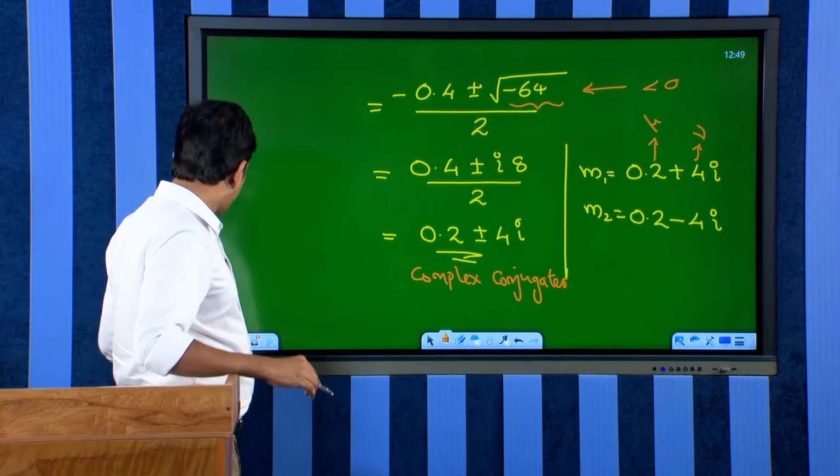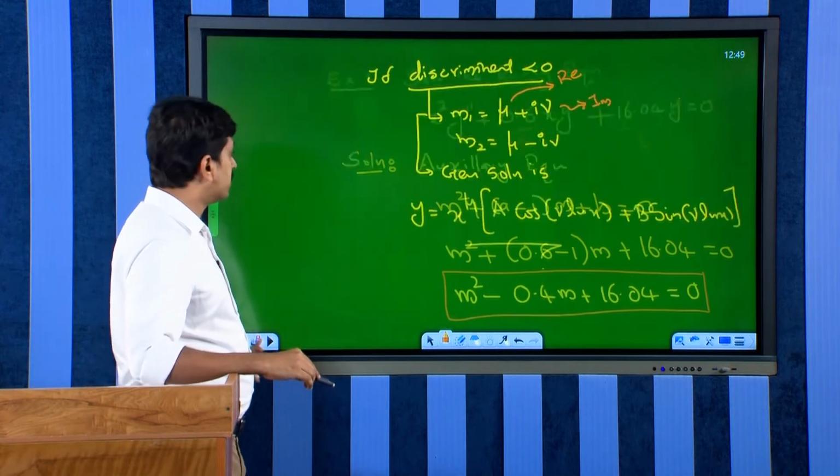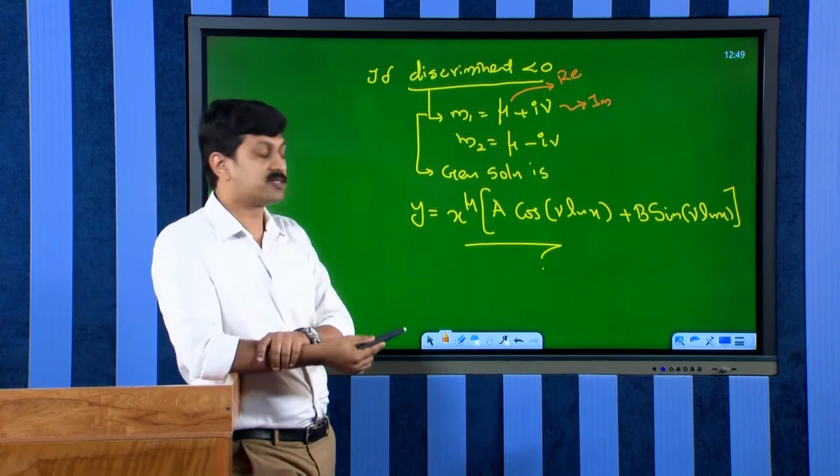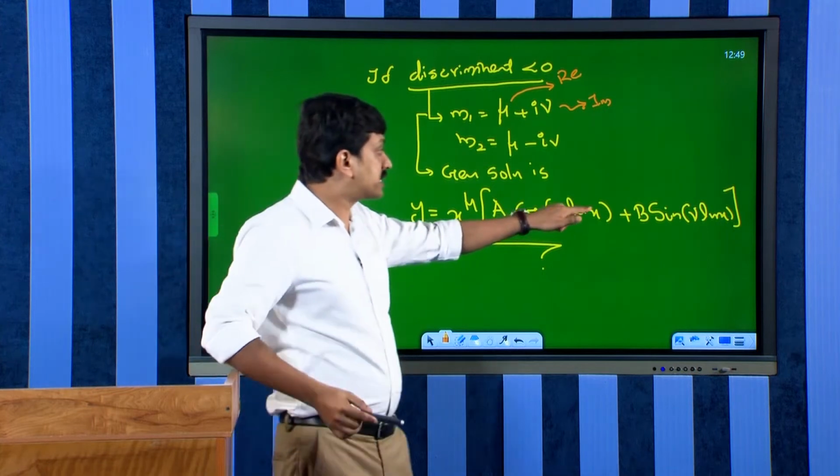Dear students, think about the general solution. We already discussed the general solution as y is equal to x raised to mu, times a cos nu log x plus b sin nu log x.